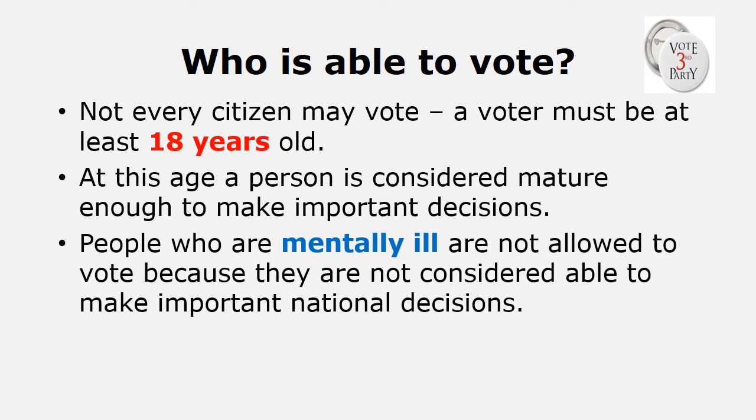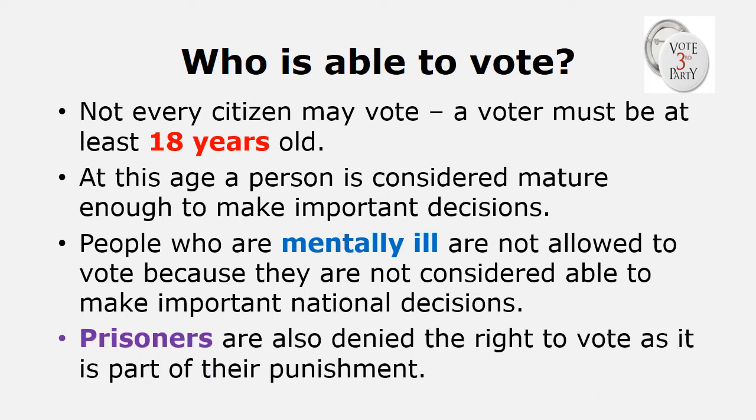People who are mentally ill are not allowed to vote because they are not considered able to make important national decisions. Prisoners are also denied the right to vote as it is part of their punishment.